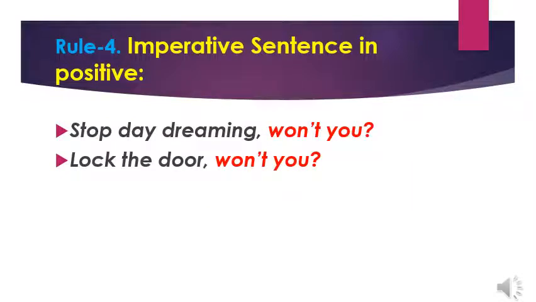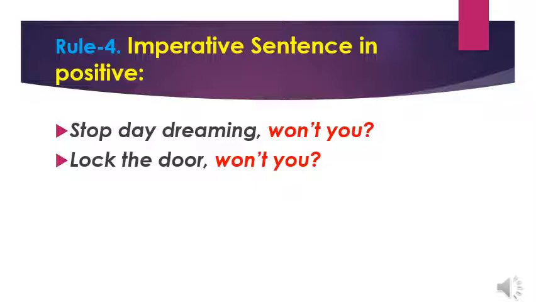Here is the last but not the least. We are talking about imperative sentences. We know that imperative sentences are a kind of ordering others, commanding others, requesting others in the form of sentences. So in such cases we have both ways of writing, the positive way as well as the negative way. Just to see the positive one.